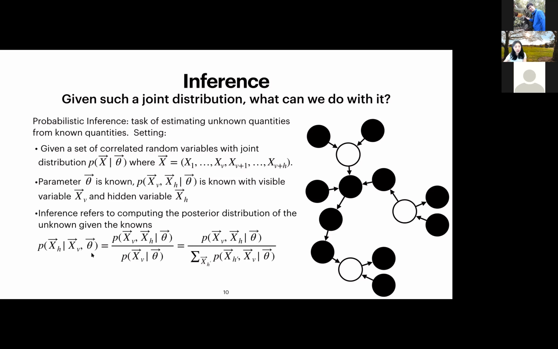And how do you do that? Essentially, you use this joint probability divided by the probability of xv given theta. And this xv given theta is the marginal probability of your observed variables. How do you get that? You have to sum over, or marginalize out, all the hidden variables.